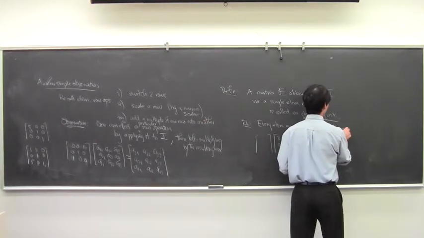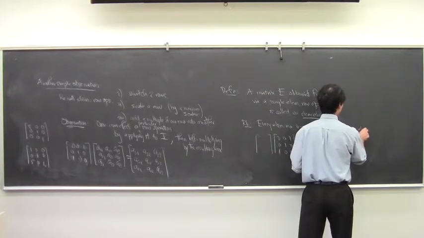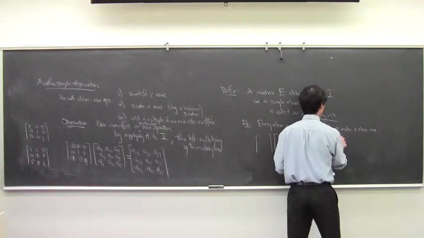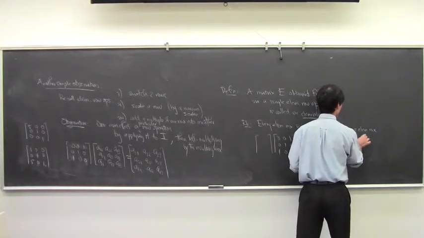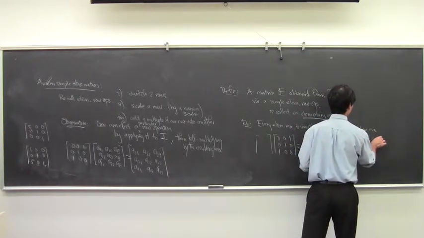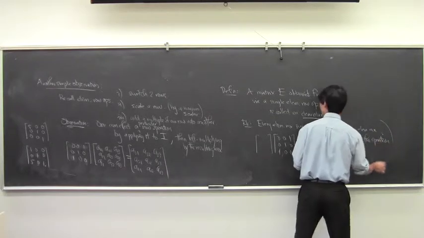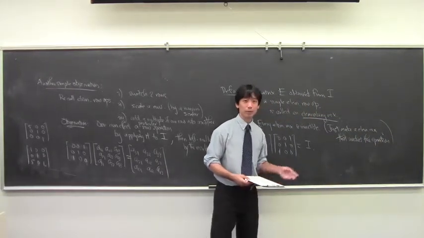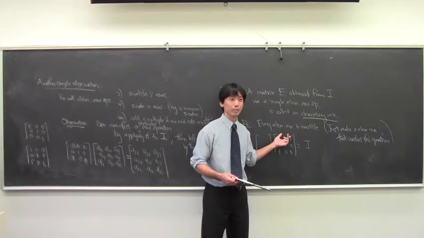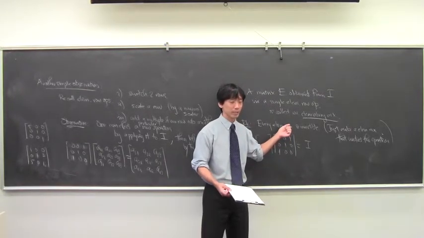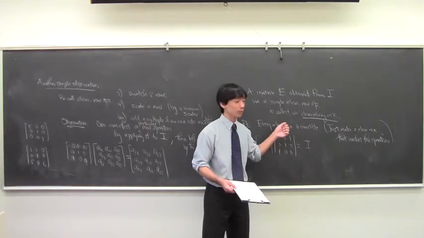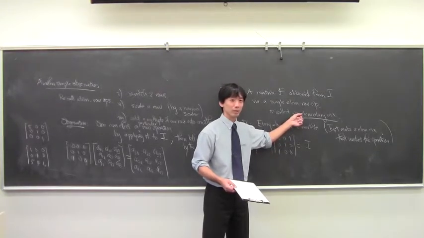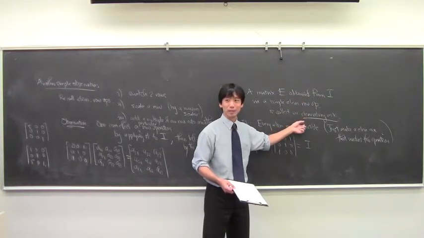So you just make an elementary matrix that undoes the operation. Elementary row operations are all reversible by elementary row operations. A switch of two rows is undone by switching the same rows. Multiplying a row by a scalar is undone by multiplying the row by 1 over the scalar.